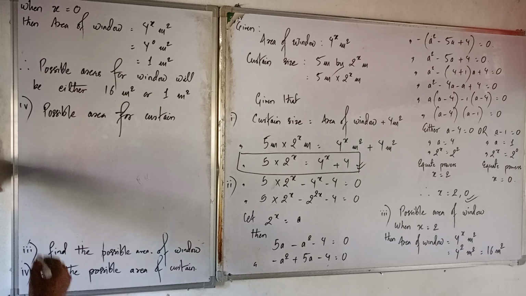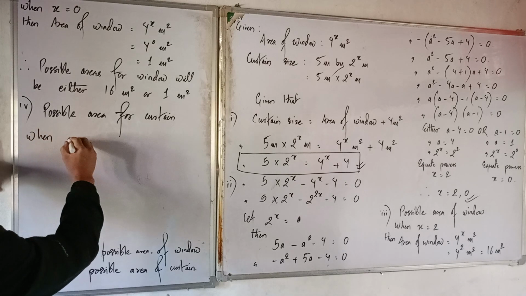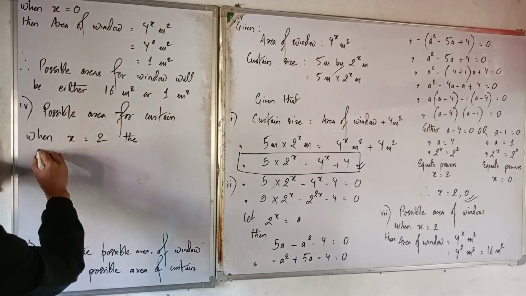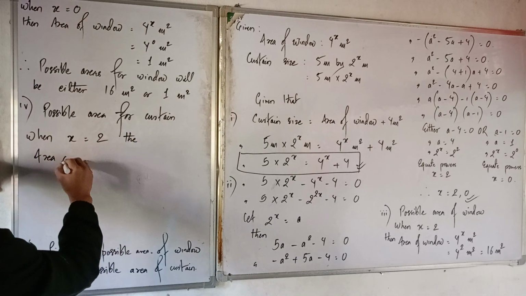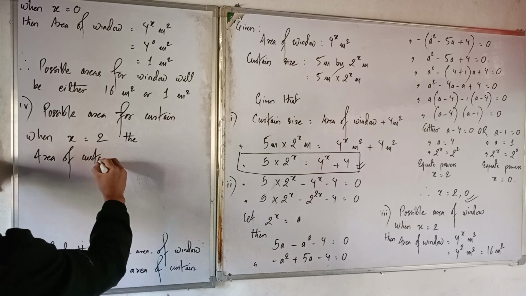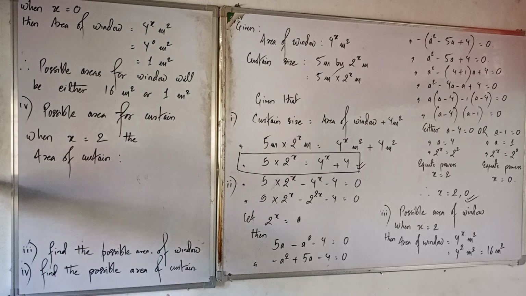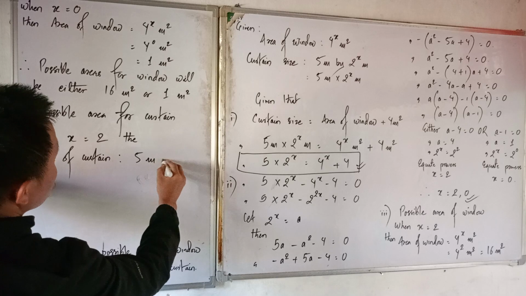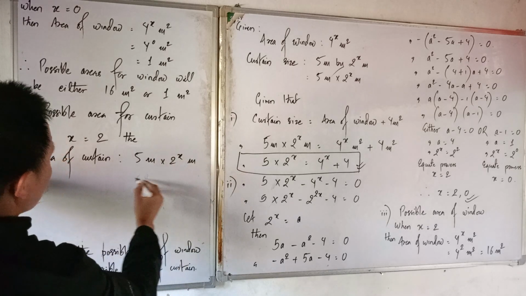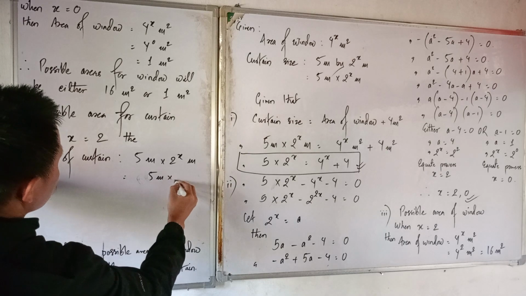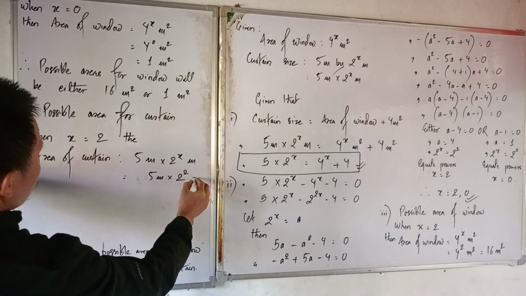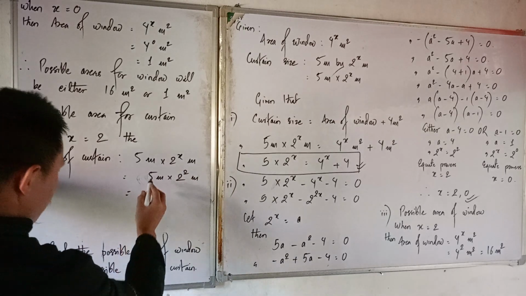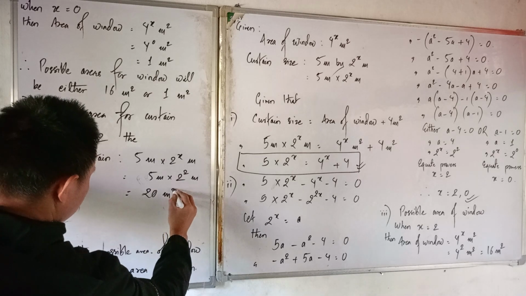So when x equals 2, then area of curtain, and size of the curtain means the same. Area of curtain will be 5 meter into 2 power x meter. We have x as 2, so which will be 5 times 4. 2 power 2 means 4. 5 fours are 20 meter square.